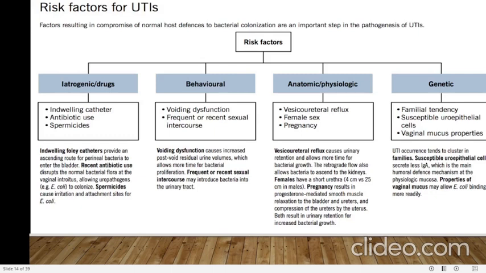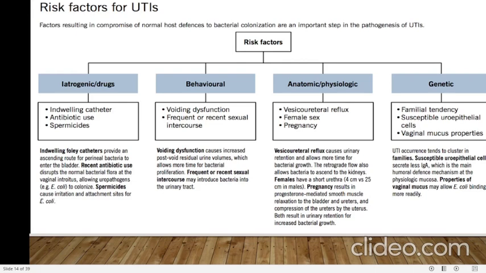If we try to divide, we can categorize these risk factors into iatrogenic, drugs, behavioral, anatomic, physiological, and genetic. When you look at the iatrogenic causes, we have spermicides, antibiotic use, and indwelling catheters.